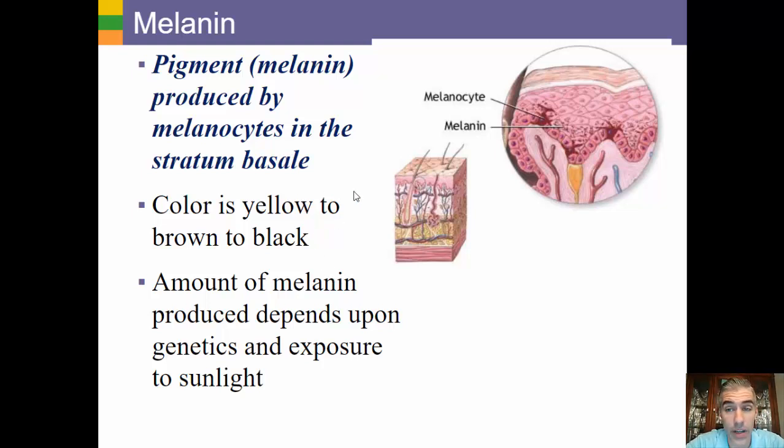So also found in the basement membrane are these super cool cells called melanocytes. And melanocytes are what produces pigment, and actually that pigment helps to protect you a little bit from the sun's rays. Now, it is a common misconception that once you get tan in the summer that you are then protected substantially from the sun. That is not the case.